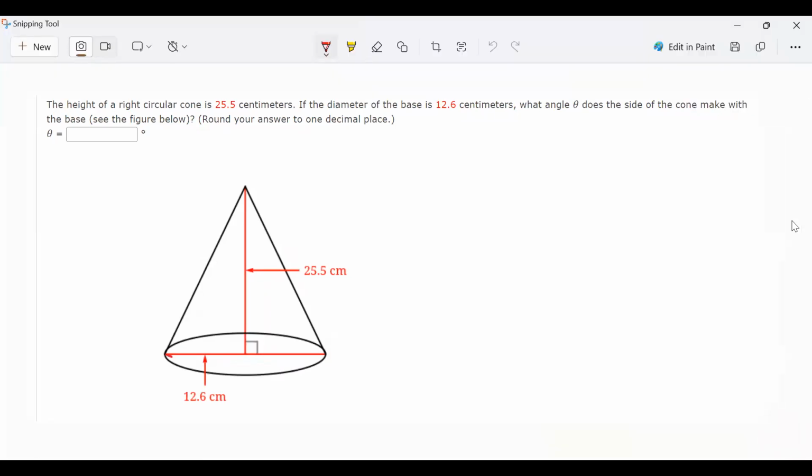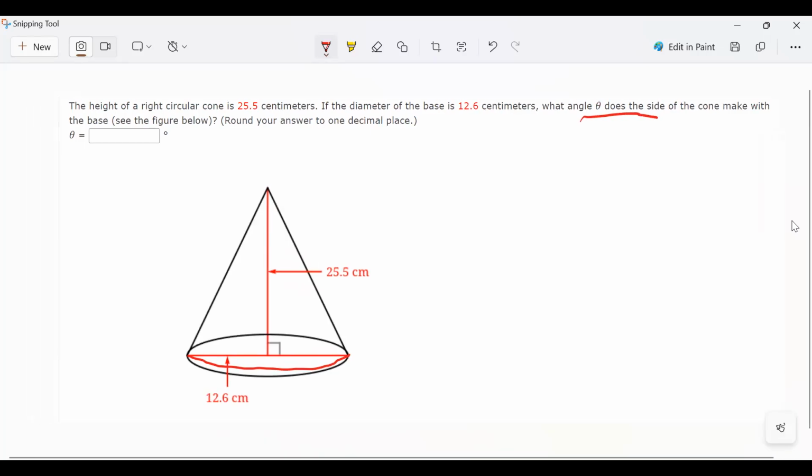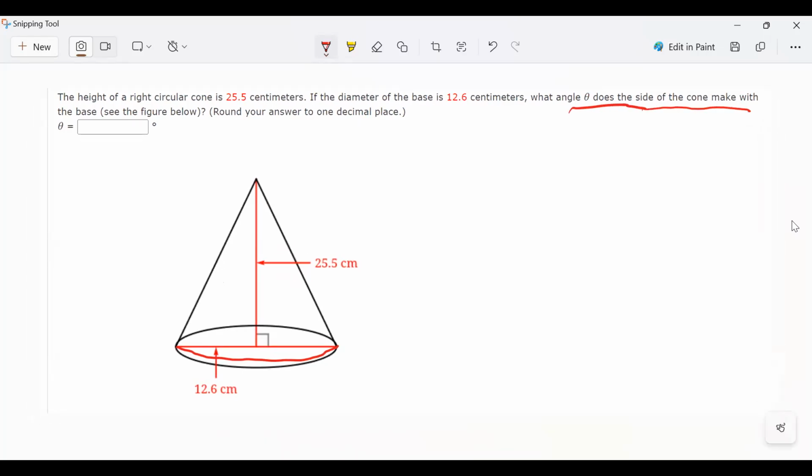This 12.6 is the entire diameter. So we'll find the angle theta, which represents the side of the cone made with the base. This is the base, and you're looking for this angle right here, angle theta.